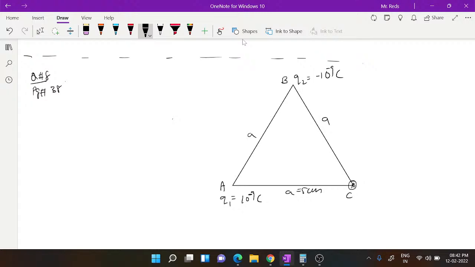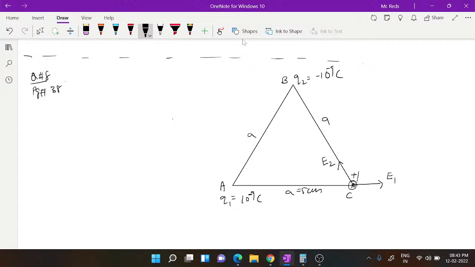So if you keep a positive test charge here, this is a positive charge, so it will repel, and the force and hence field will be along this line. Let's say this is the field due to the first charge, E1, and this is the second one, the negative charge. Force and hence field due to this will be along the line joining this. Let us say this is E2.